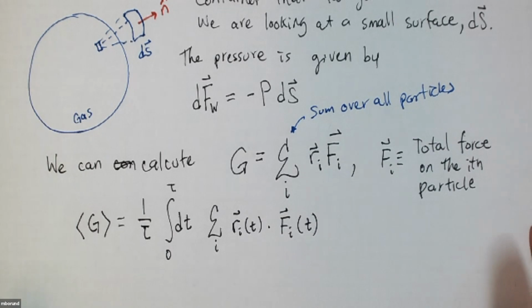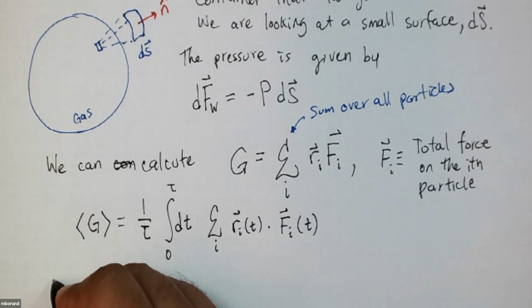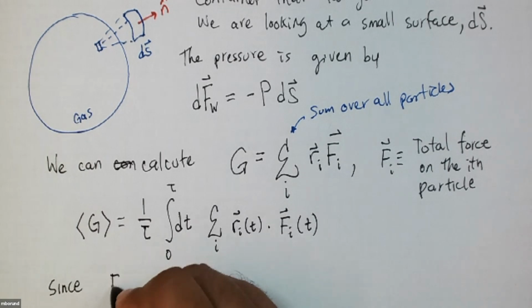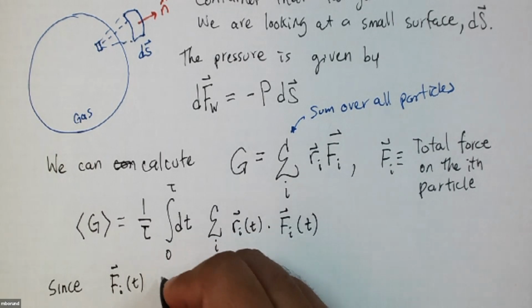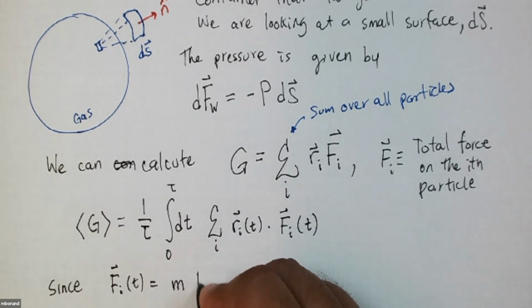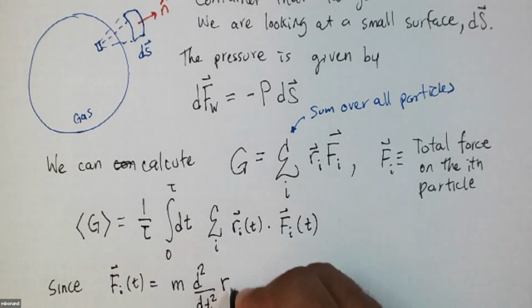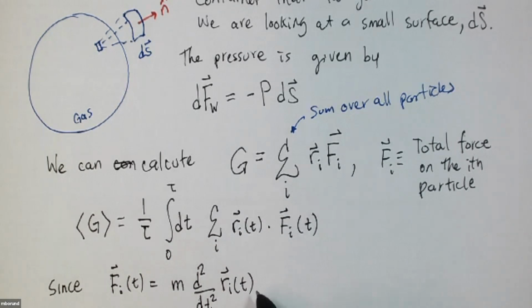So this force, I can rewrite it. It's just the mass times the second derivative with respect to time of this Ri of time, right? I can do it like this.